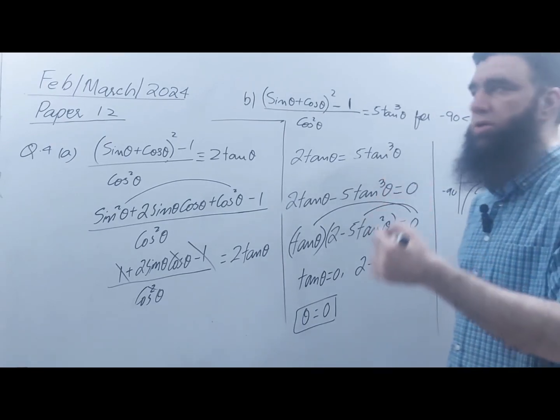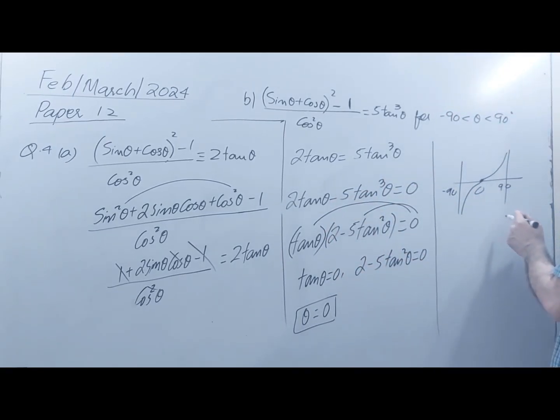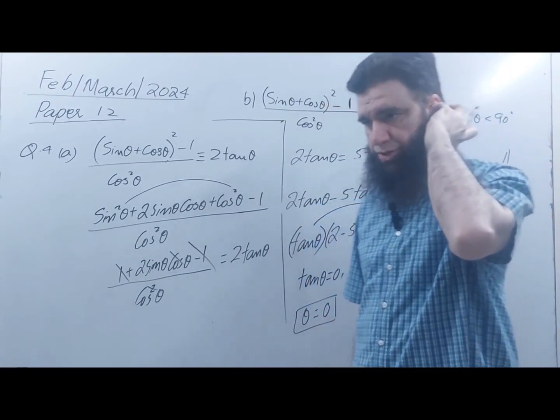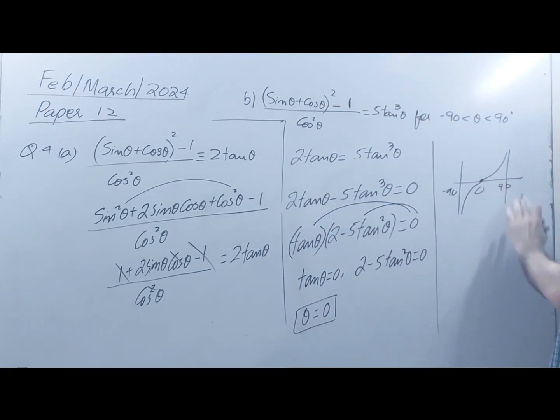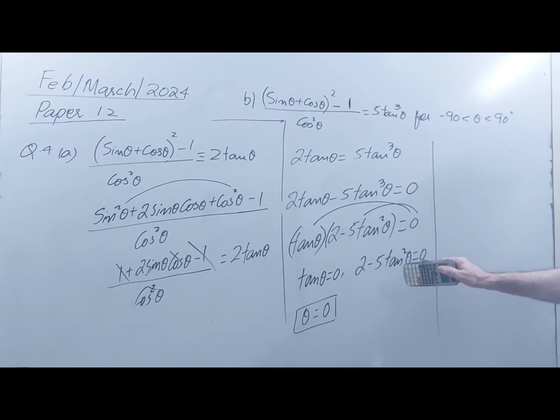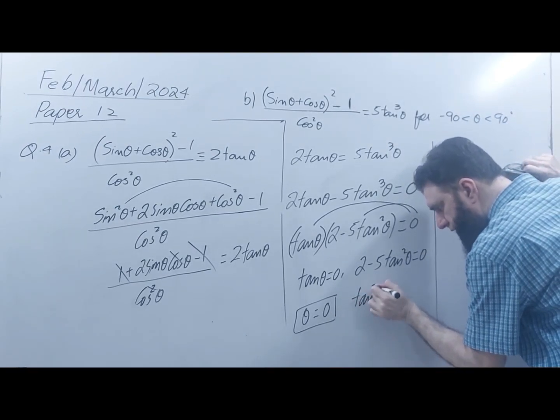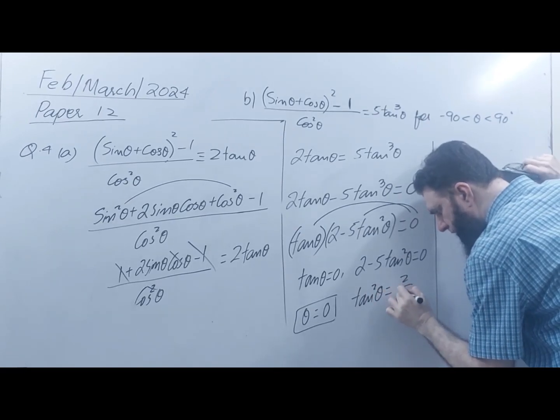We have discussed this in the trigonometry videos. You can see my videos on my channel, the trigonometry videos, where I have explained this in quite some detail. So one of the answers is theta equals 0. The second is solved from this. If we solve this, we get tangent squared theta is equal to 2 by 5.